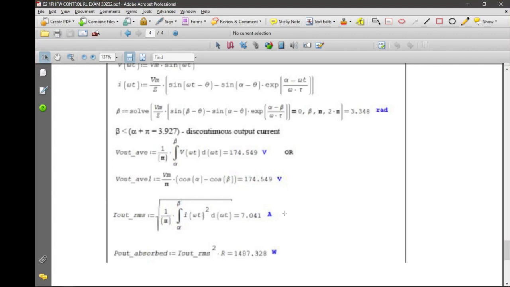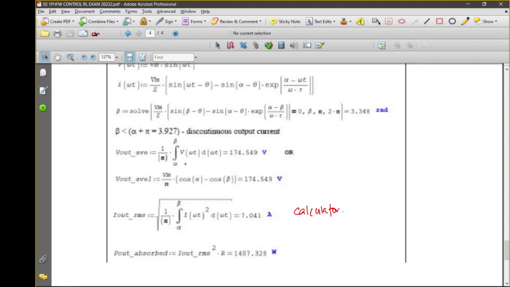And then look at this again, I out RMS equals root of mean, 1 over pi, alpha to beta, and simply you get this answer. You can use the calculator to do this as well, because we know the equation here. You put that equation, you square, then you get the answer here.